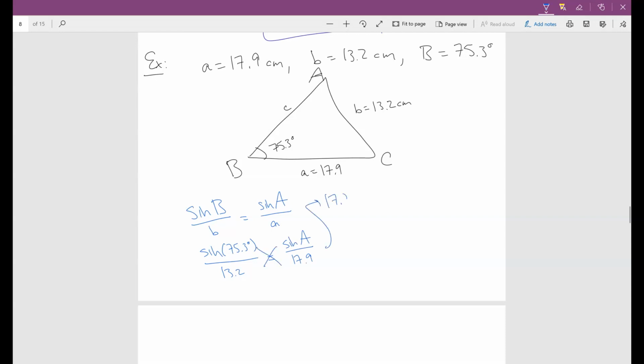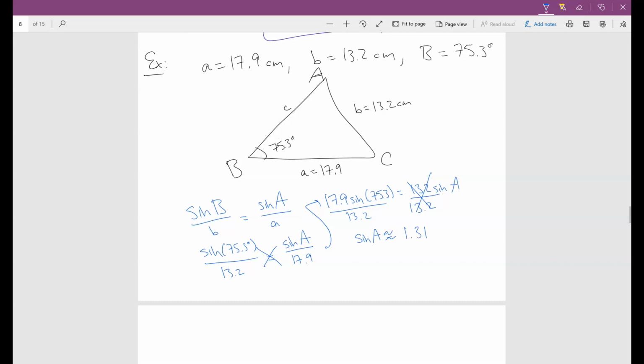That's 17.9 sine of 75.3, and then 13.2 sine of big A. So I'm going to divide by 13.2. So sine of A is approximately equal to 17.9 sine of 75.3 divided by 13.2. And that's going to give me 1.31.